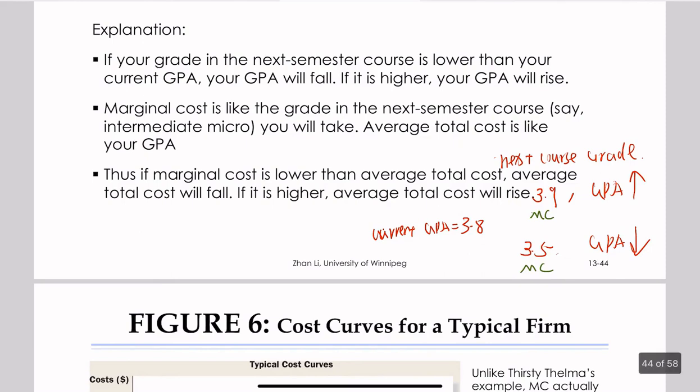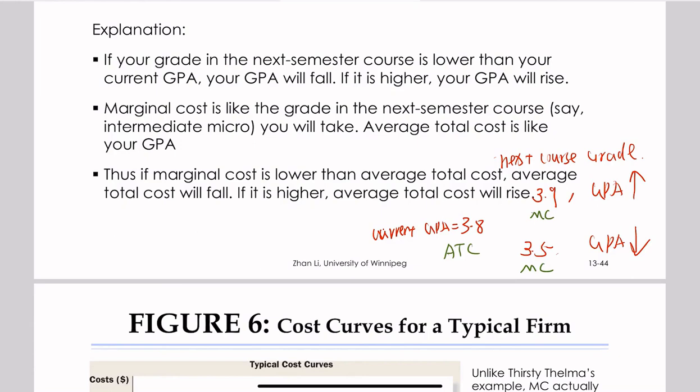And then your current GPA is an analogy to the ATC curve, right? So basically you can see that if your next course mark is higher than the current GPA, then your GPA will increase. So if you accept the analogy here, then you could see that if marginal cost is larger than the average total cost, then average total cost will increase, right?